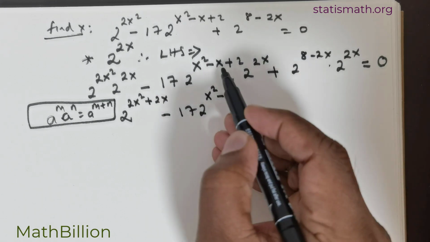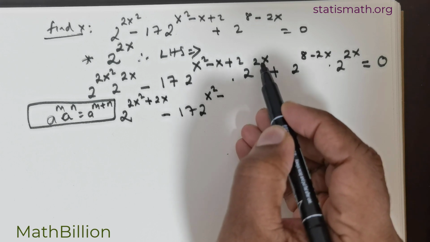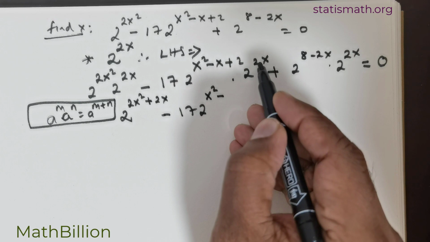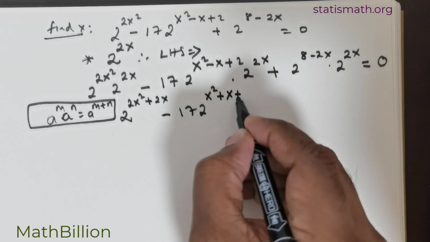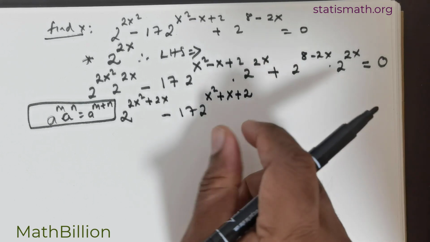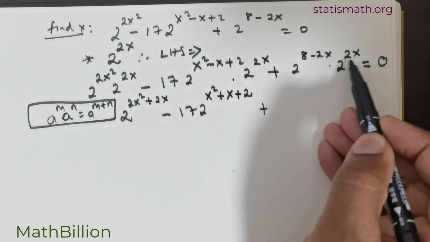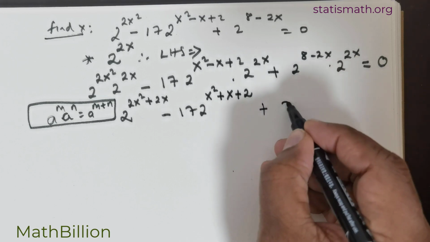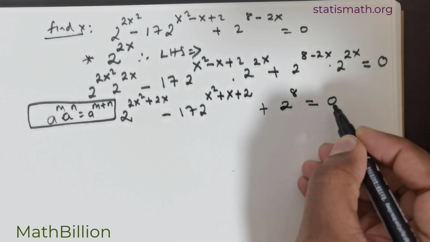Now I've got a negative x and a positive 2, so this would also be added, and 2x added with negative x would give us x + 2. Now if you add these two together, you've got a negative 2x and a positive 2x, they would get annihilated, giving me 2^8 is equal to 0.